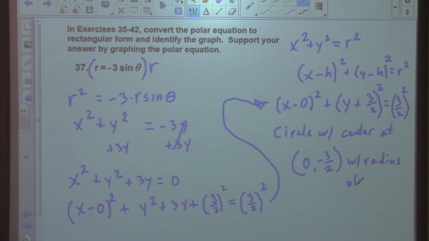Where's our radius going to be? It's going to be 3/2. Because this is r squared. So radius 3/2.